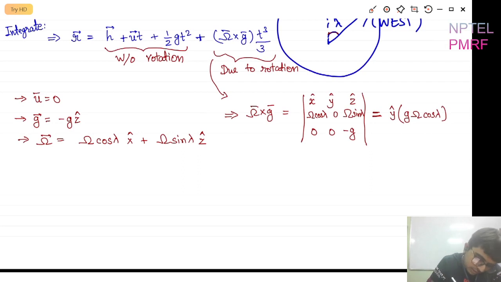so now we can write, our initial r would be h, so r0 is h times z cap, right? So now we can write the r equation, this one.